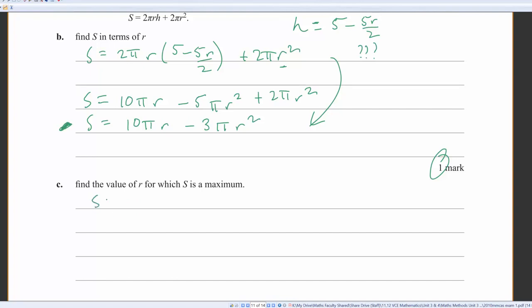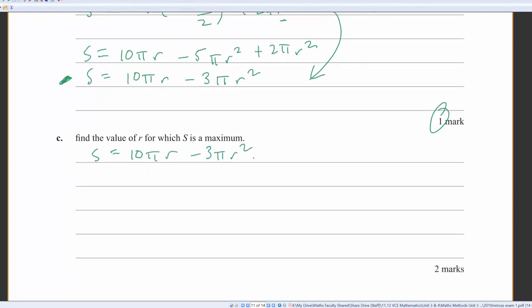So I'm just going to note that S is equal to 10 pi r, take away 3 pi r squared. I'm just restating that. And now what I'm going to do is find the derivative, which is ds dr equals 10 pi, take away 6 pi r, and the maximums or turning points occur when ds dr, or the derivative, is 0. So 0 equals 10 pi, take away 6 pi r.